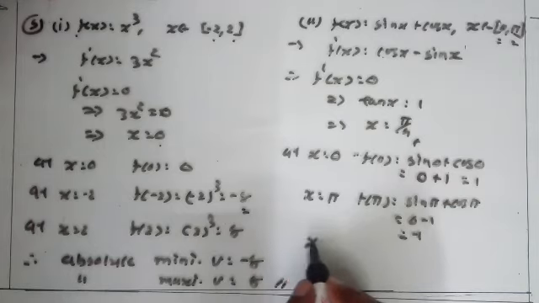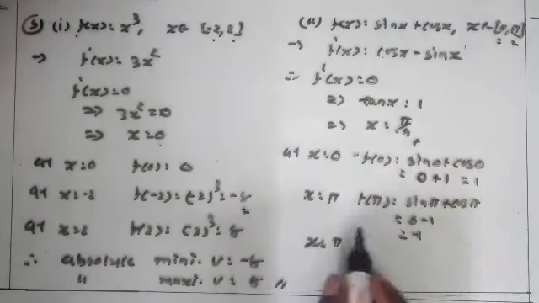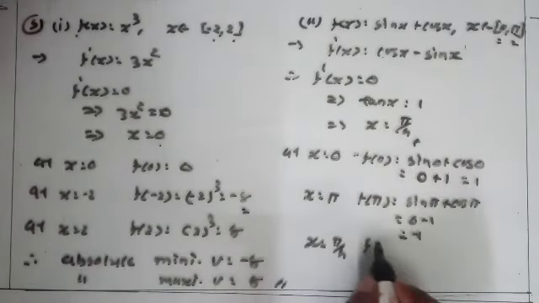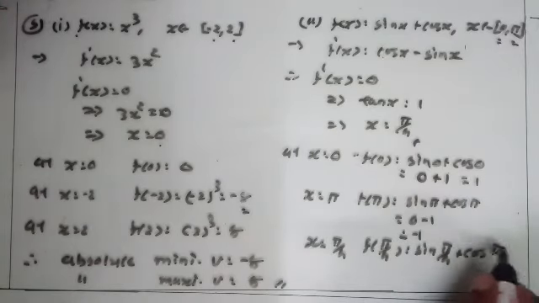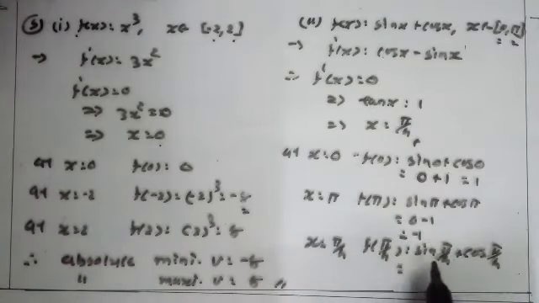And at x is equal to pi by 4, f(pi by 4) is equal to sin pi by 4 plus cos pi by 4, which is equal to 1 upon root 2 plus 1 upon root 2. This becomes root 2. So here the minimum value becomes minus 1 and the maximum value becomes root 2.